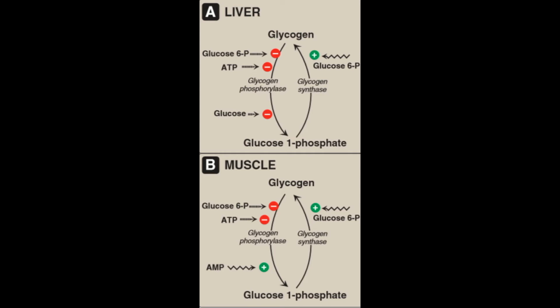All right, let's review what we just learned. So in the liver and our muscles, glycogenesis goes from glucose 1-phosphate to glycogen with the enzyme glycogen synthase, and glycogenolysis goes from glycogen to glucose 1-phosphate through the enzyme glycogen phosphorylase. All right, now I want you to remember 3 hormones.